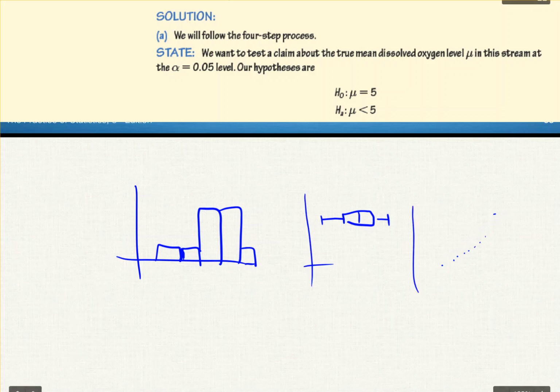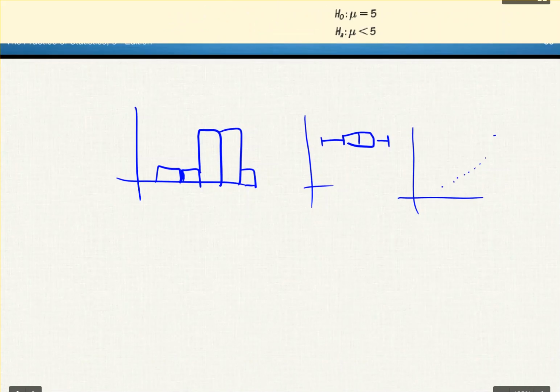I don't want to waste your time while I draw it. Just a quick sketch. Have your scales and label them and everything like that, like the level in milligrams per liter, and then have your scale. Something like that. Okay.